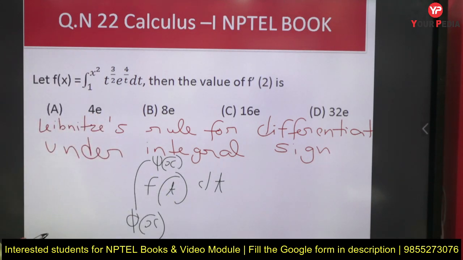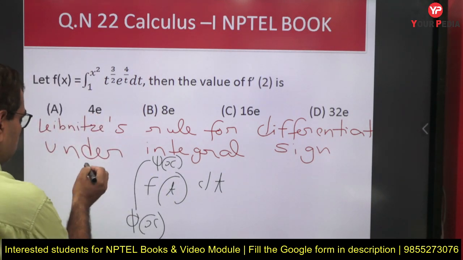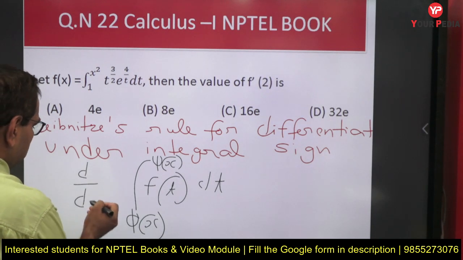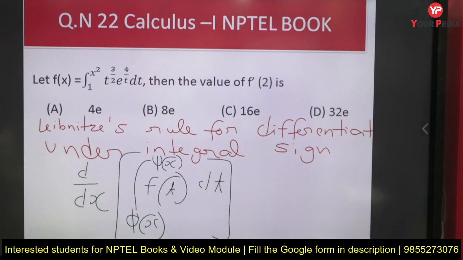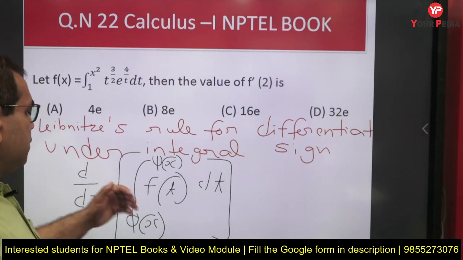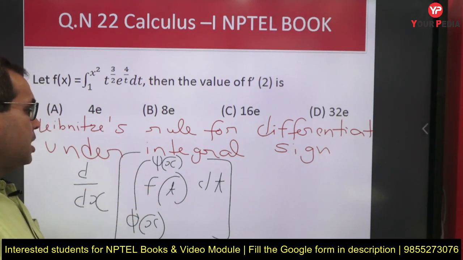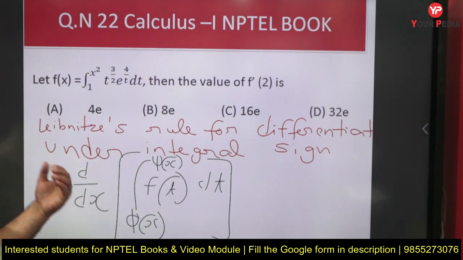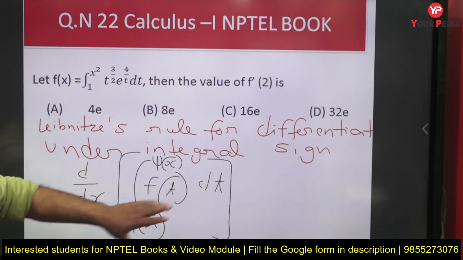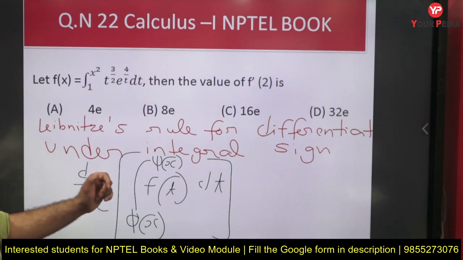So now we are going to differentiate it, d upon dx of this with respect to x, we want to calculate this result. One method is that you integrate f(t) and then put in both the limits, and then you will get a function of x, and then you directly differentiate that function with respect to x, and you will get the result.